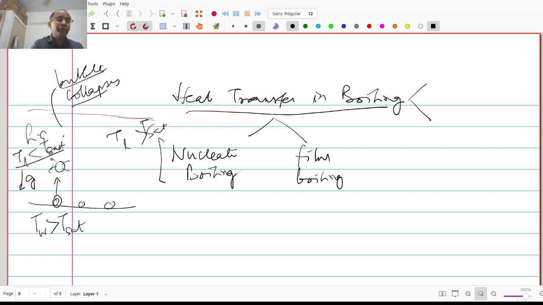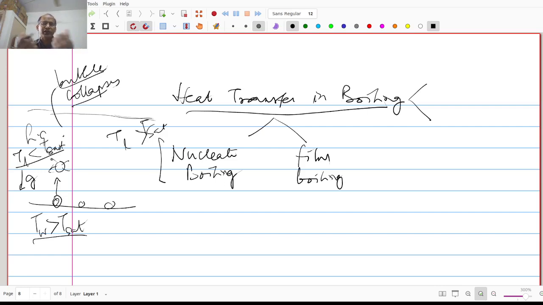So if you have a liquid whose bulk is at a temperature less than the saturation temperature, and the surface is at a temperature greater than the saturation temperature, then the bubbles released from the nucleation sites get nucleated and grow big enough, and then because of buoyancy they get detached. And once they get detached and go into the liquid, all the surrounding liquid is at a temperature which is lower than the saturation temperature.